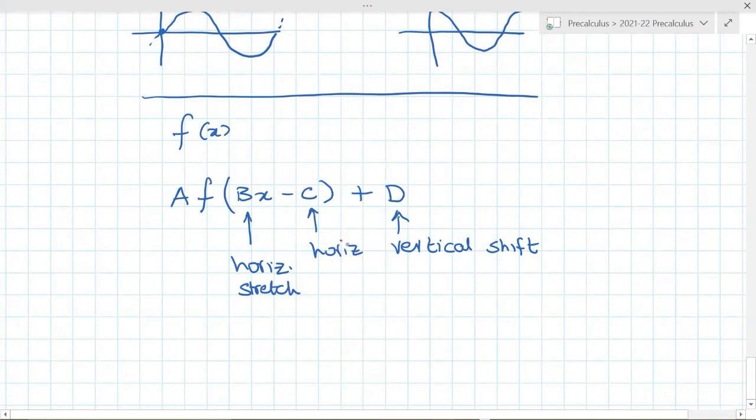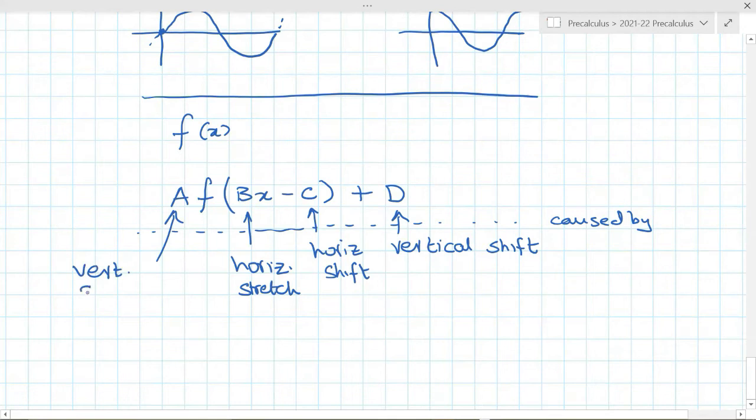These are not exactly, because I'll explain in a moment, but let's say they are caused by. Vertical shift is caused by d, horizontal shift is caused by c, horizontal stretch is caused by b, and vertical stretch is caused by a.